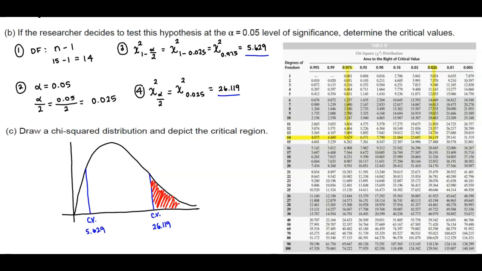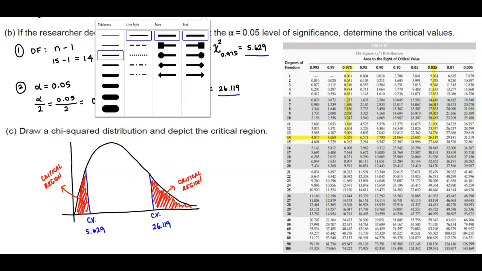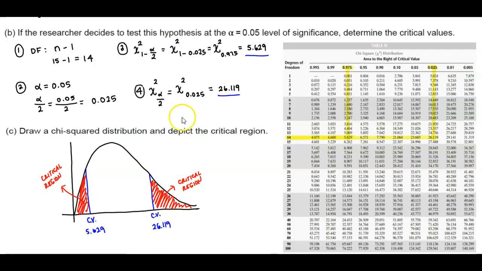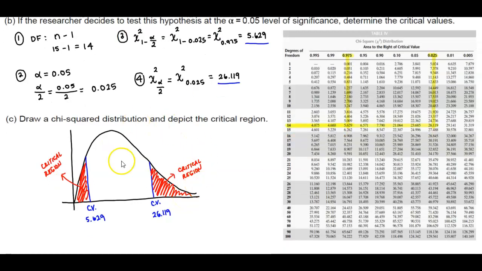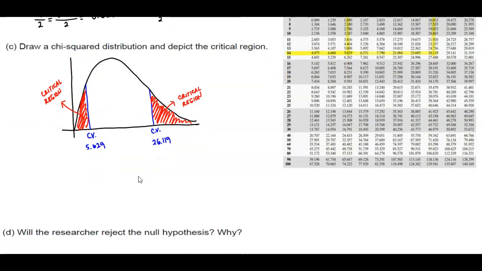So here is a critical region. And then we also have a critical region here. Okay, so now we have our drawing of our chi-square distribution with our critical values.